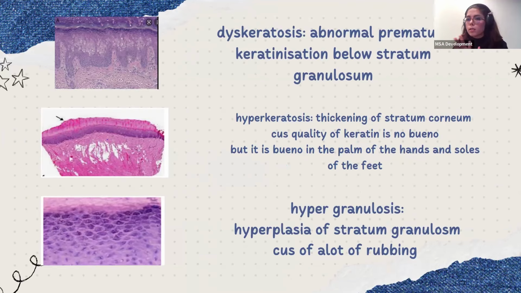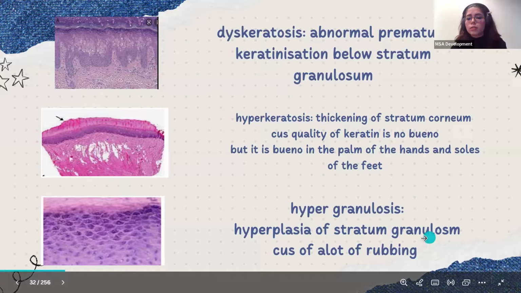Or if you go to the gym a lot, you would see calluses over here. They're thicker because of hyperkeratosis. Hypergranulosis is hyperplasia of the stratum granulosum because of a lot of rubbing.